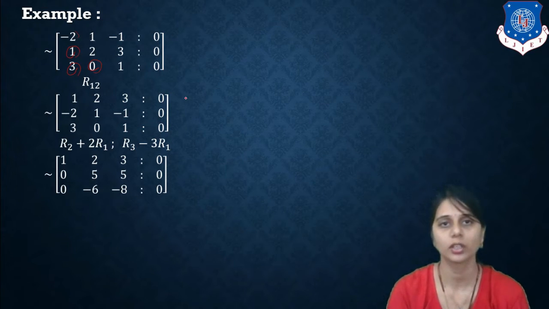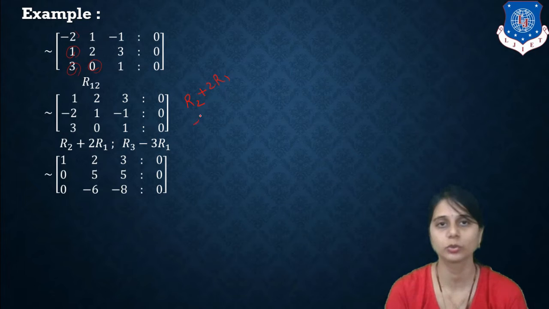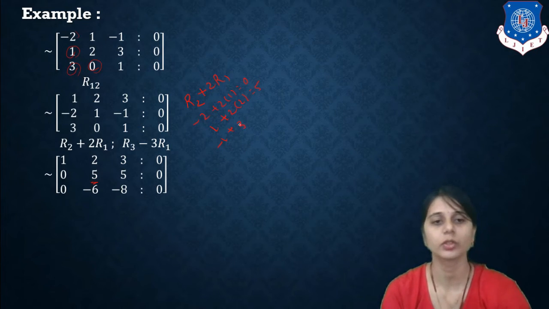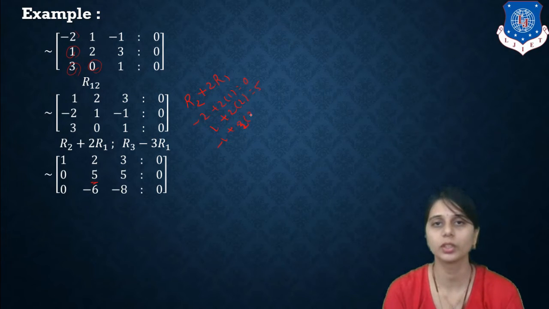If we take R2 plus 2R1, what is R2? R2 is minus 2 plus 2 into 1, which is 0. Again, 1 plus 2 into 2 is 5. Minus 1 plus 2 into 3 is 6 minus 1, which is 5, and then 0.